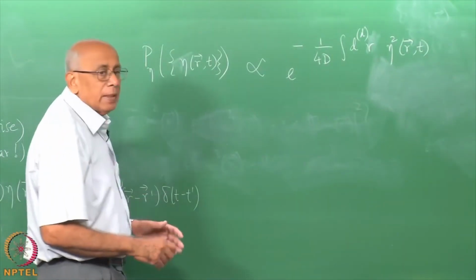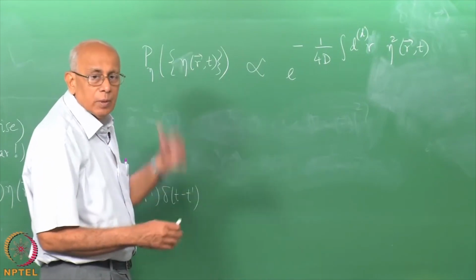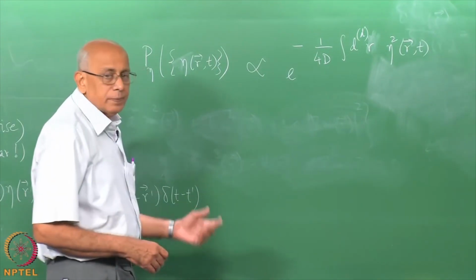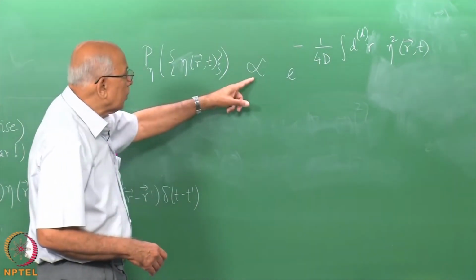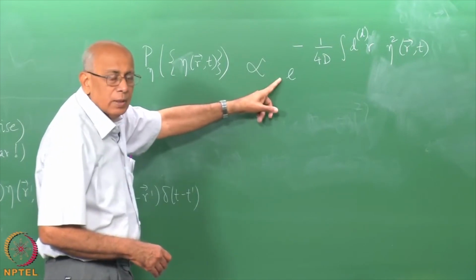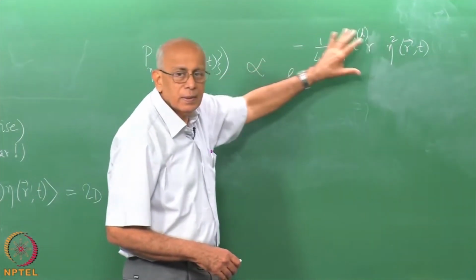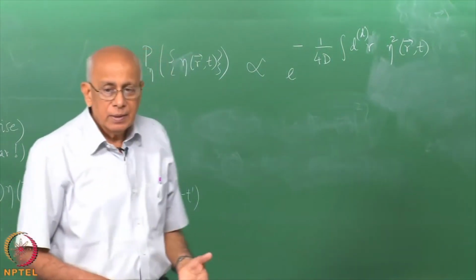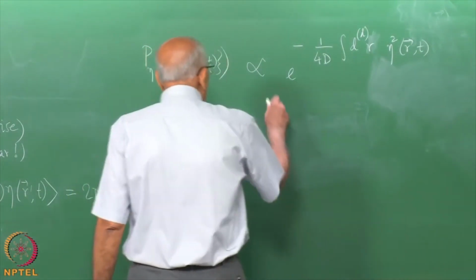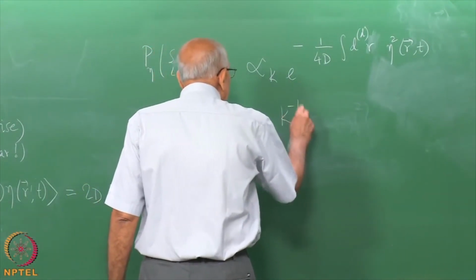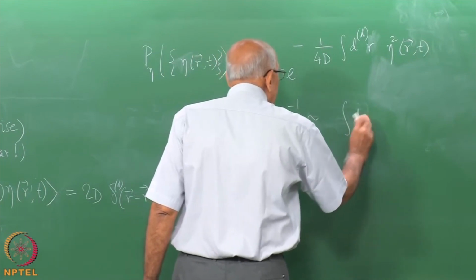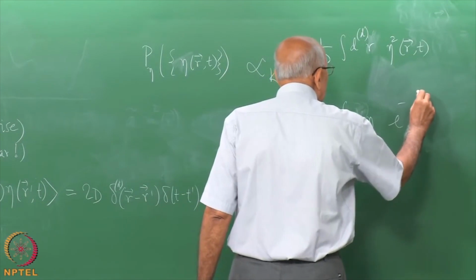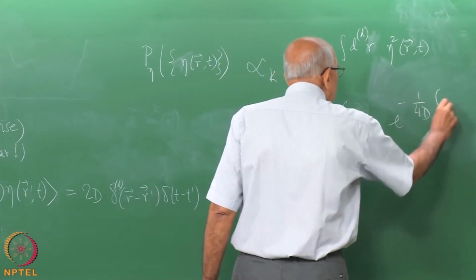So, that is the probability distribution of, it is a Gaussian probability distribution generalized to a field. This constant of proportionality, whatever is out here, is the normalization. So, the volume will appear then. It will be a functional integral over all etas. So, there will be some constant, and k inverse goes like integral d eta e to the minus whatever it is 1 over 4 d integral etc.